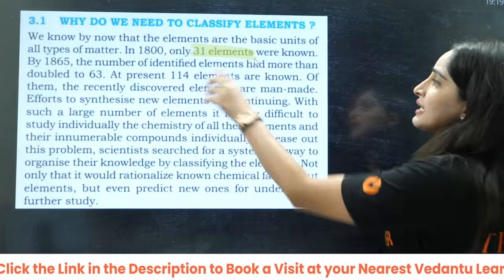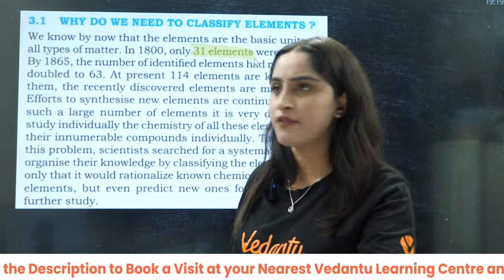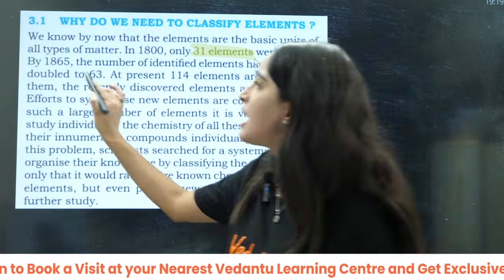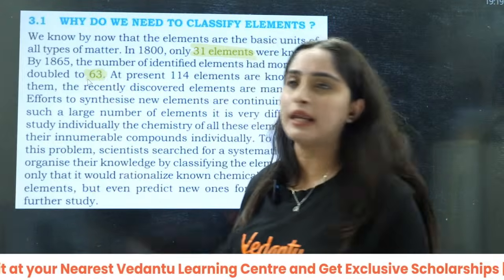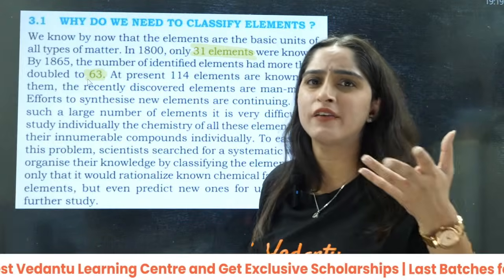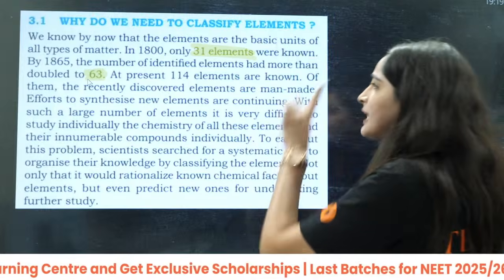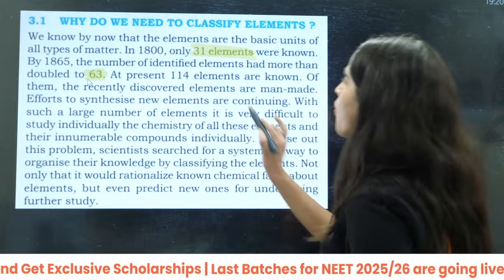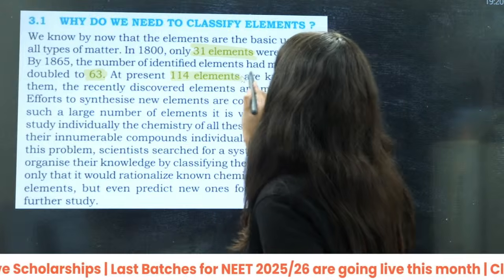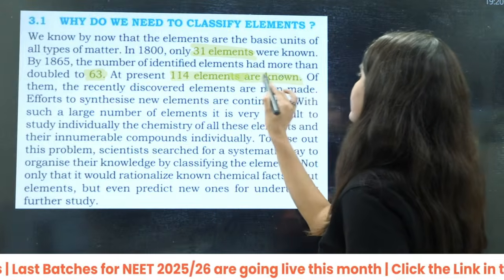After 65 years, in 1865, it doubled to 63 elements. Then, at present, 118 elements are known.